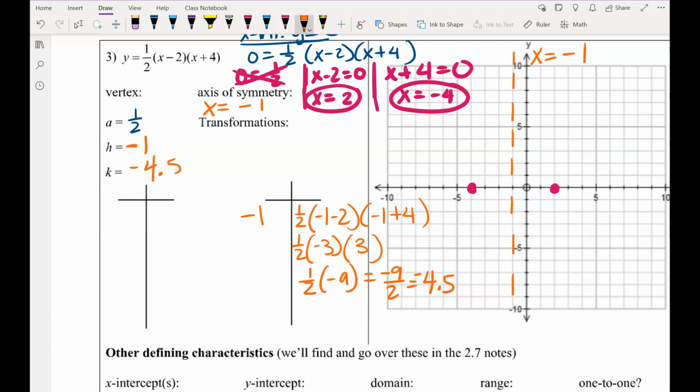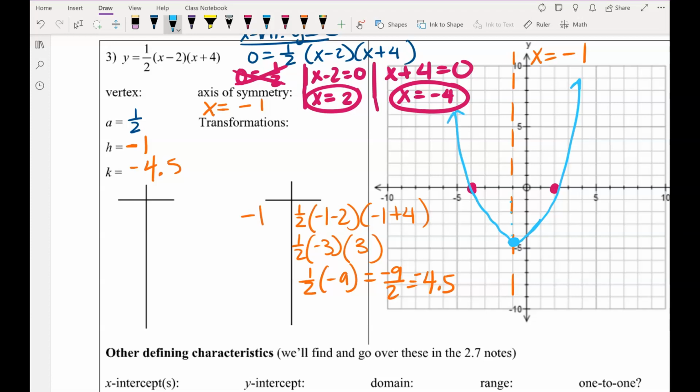Do I have enough to plot our vertex? Yep. -1, -2, -3, -4, -4.5. Opens up or opens down? Up or down? Up. Okay, we got it.